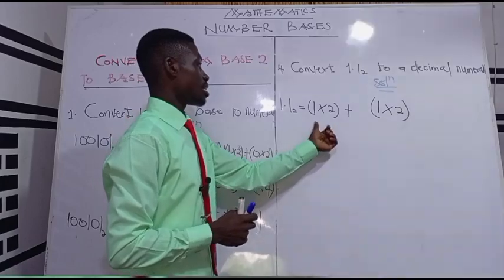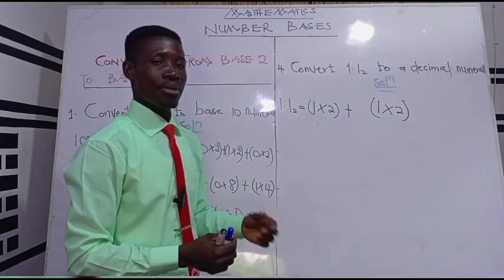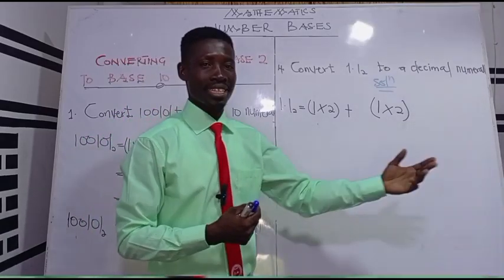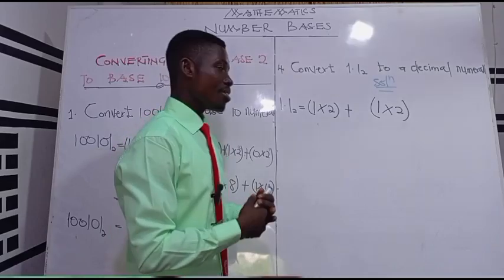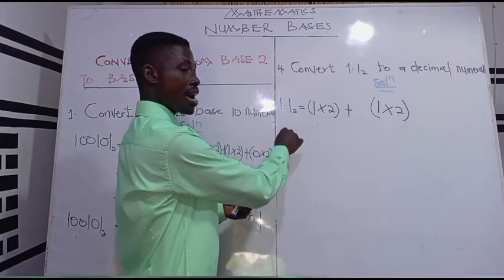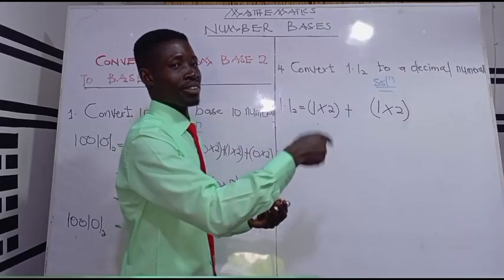Now what we are going to do next is start counting. But with this one, the counting is not going to start from the extreme right. The counting is going to be from the number before the decimal point and then the number after the decimal point.